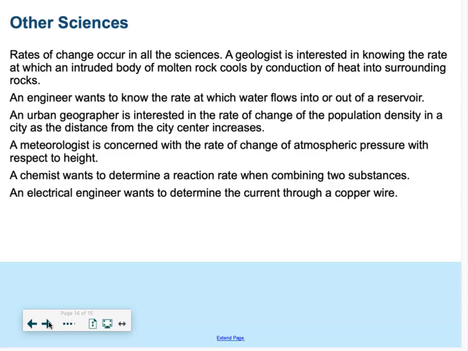An engineer wants to know the rate at which water flows in or out of a reservoir. An urban geographer is interested in the rate of change of the population density in a city. A meteorologist is concerned with the rate of change of atmospheric pressure. A chemist wants to determine a reaction rate. Or an electrical engineer wants to determine the current through a copper wire. All of these can be done with calculus.